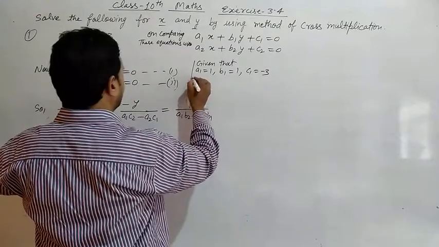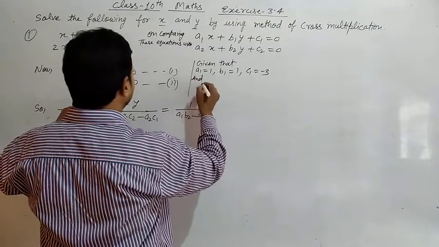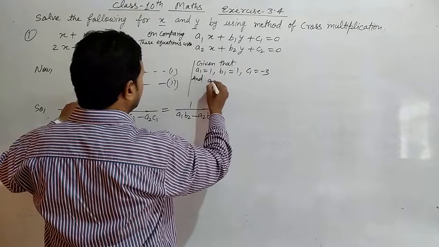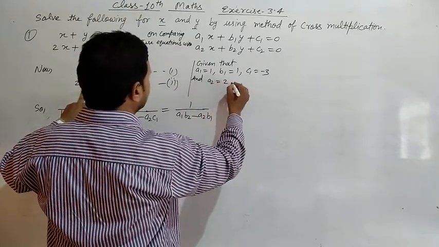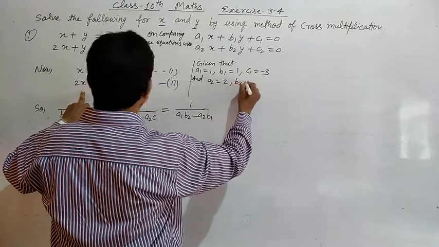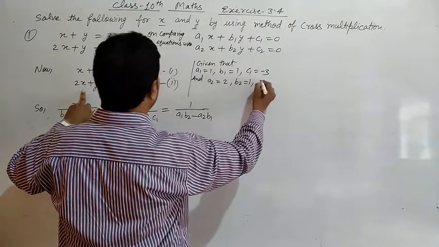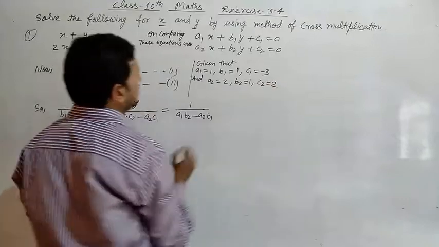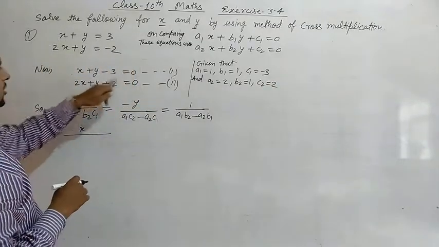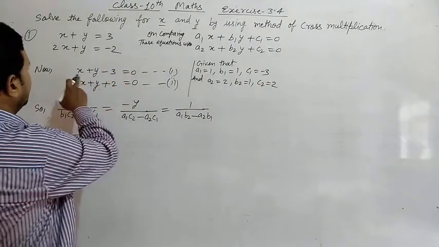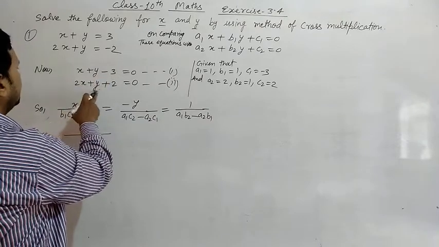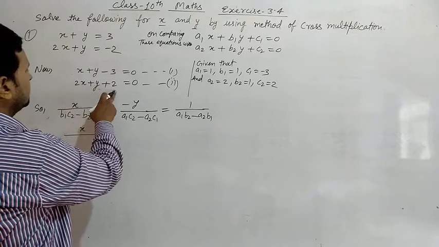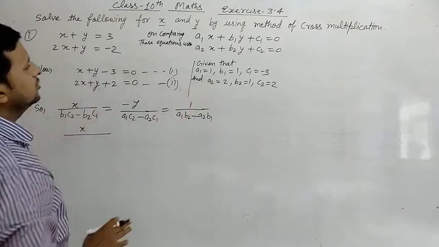Again, in equation second, a2 is equal to 2, b2 is equal to 1, and c2 is equal to 2. It is given from equations 1 and 2. It's right?